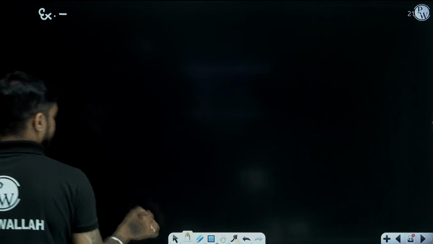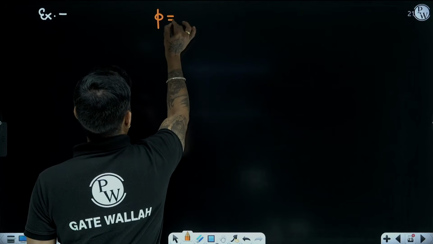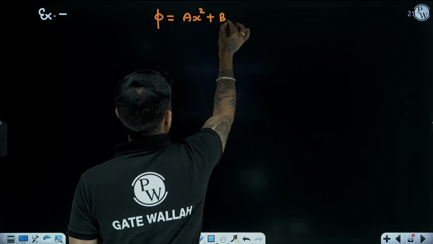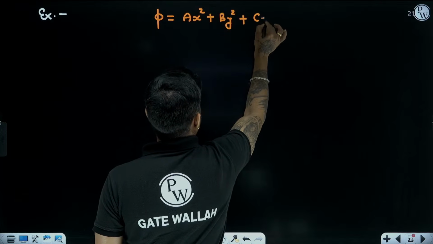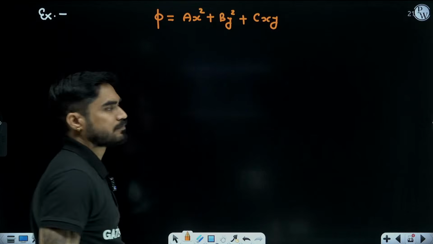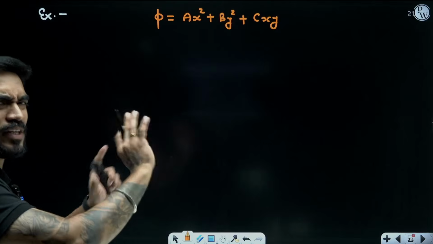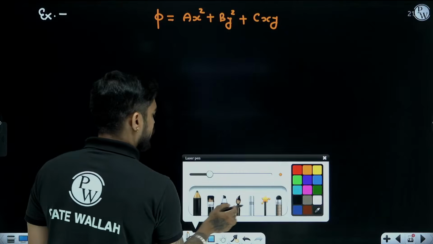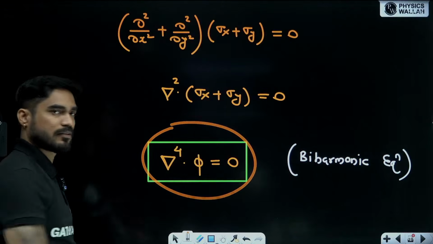Let's say phi is ax² + by² + cxy. I am just choosing an arbitrary equation. Now we know that this equation must satisfy this equation, right?